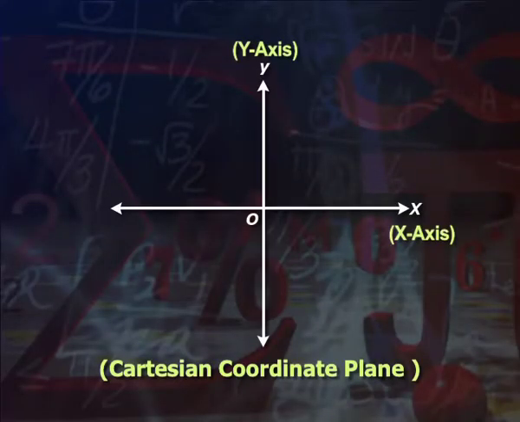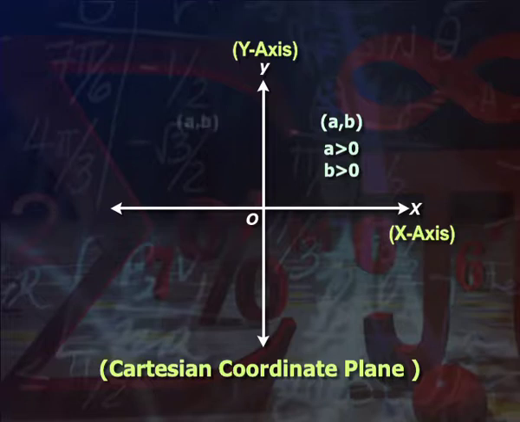The Cartesian coordinate plane is divided into 4 quadrants. The first quadrant consists of ordered pairs (a, b), where both the coordinates a and b are positive. The second quadrant consists of ordered pairs (a, b), where the first coordinate a is negative and the second coordinate b is positive.